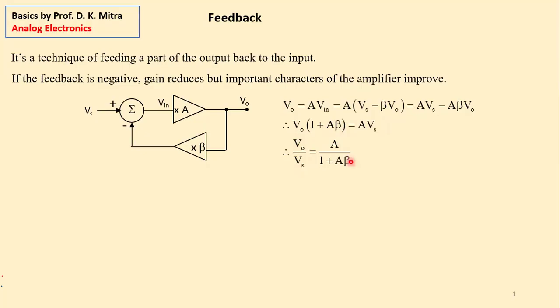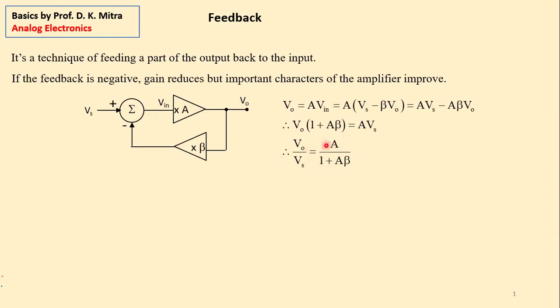It's a very simple relation. If the open loop gain of the amplifier is A, then the closed loop gain, that means the gain with the feedback loop, or sometimes they also call it transfer gain, that means final output divided by initial input, is A upon 1 plus A beta.